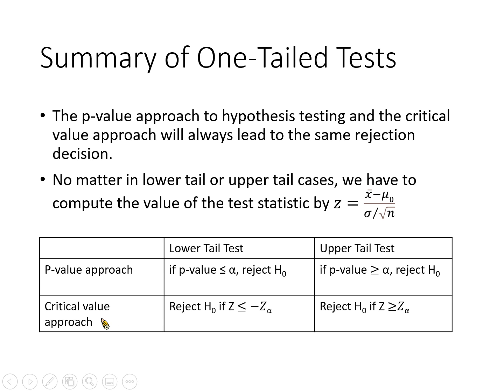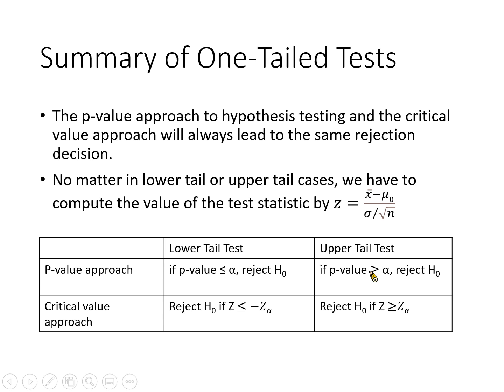But if you use the critical value approach, you need to reject the null hypothesis if the z-value you get from the sample data is less than or equal to the z-value you check from the z-value table for the significance level alpha defined from the population. Then you need to reject the null hypothesis.